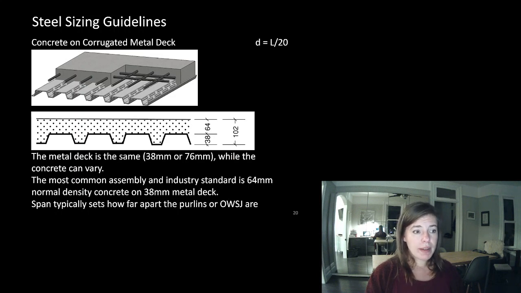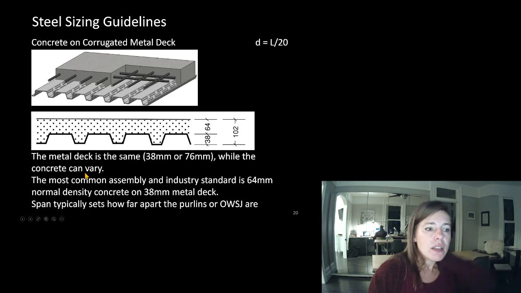The norm, the most common thing in the whole world for concrete on metal deck is a total assembly that's 102 millimeters deep. If we've got 38 metal deck, that means we're talking about 64 millimeters of concrete above the top of the metal deck. Yes, we've got concrete here in the flutes, for sure. There's more in there.